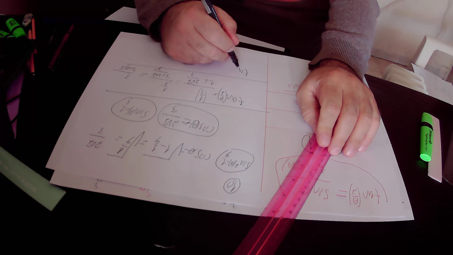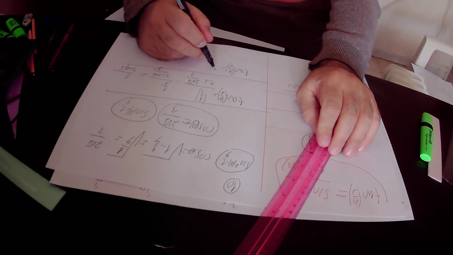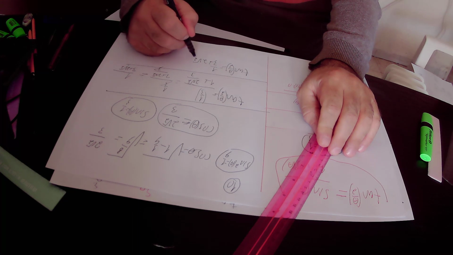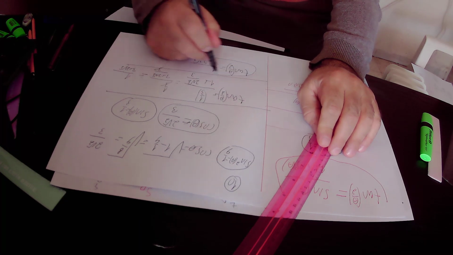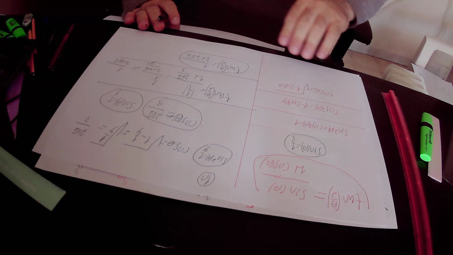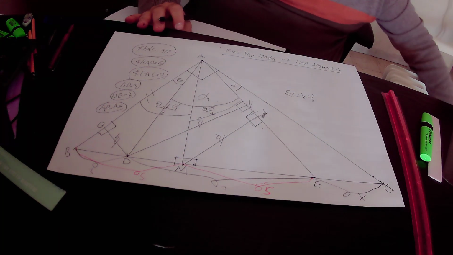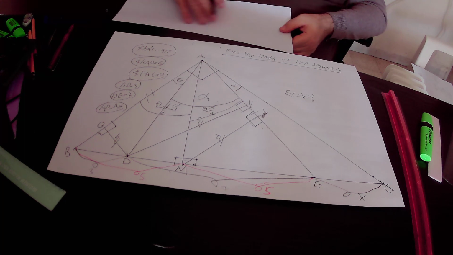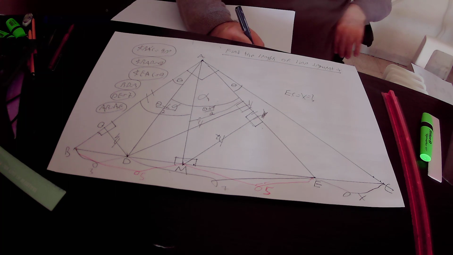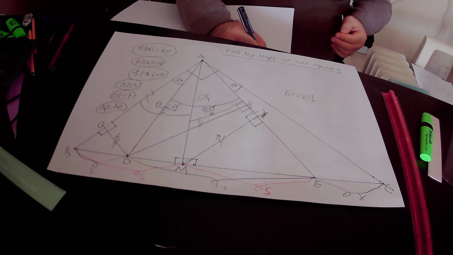I'll repeat again, tangent theta over 2 is equal to 1 over 3 plus 2 times square root of 2. So we take this expression and we will simplify it. So we have the expression of 1 over 3 plus 2 times square root of 2.